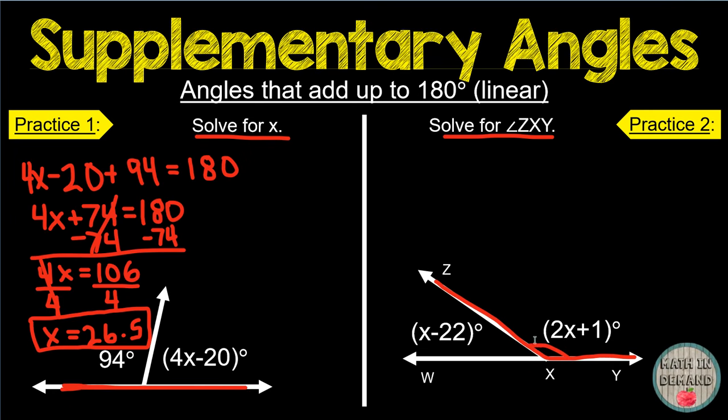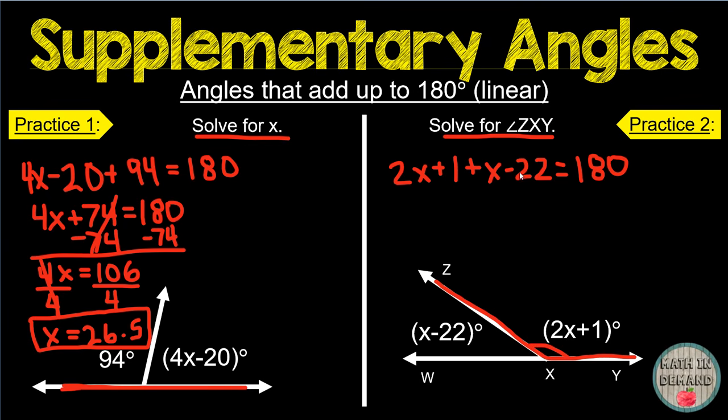In order to find that angle, I can again write an equation. So I'm going to write 2x plus 1 plus x minus 22 equals 180. Because again, this is linear. That tells me that that is 180 degrees.